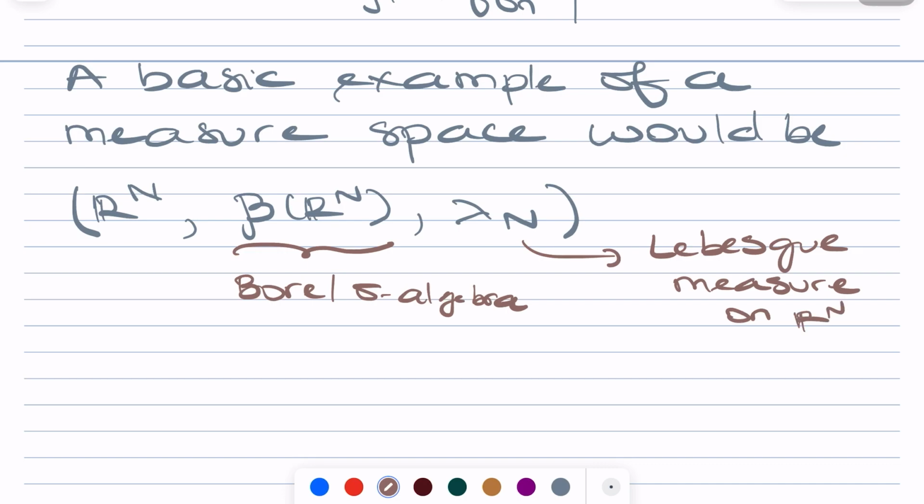Okay, so let's have some notation first before stating our next theorem.